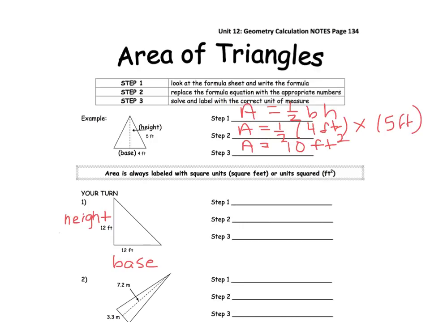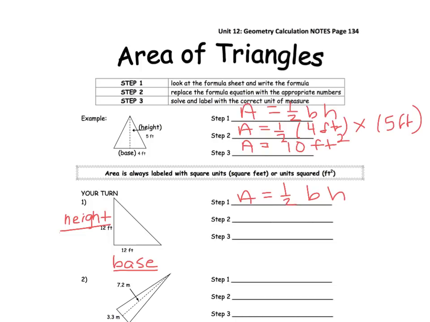Let's try one more together. Find the area of a triangle with a base of 12 feet and a height of 12 feet. Step 1, A equals 1/2 BH.